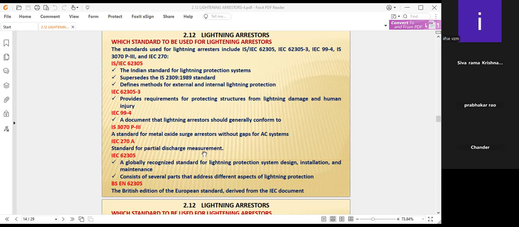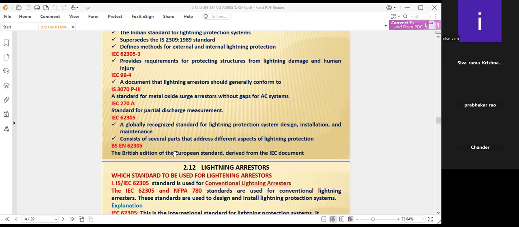IS 3070 Part 3 is the standard for metal oxide surge arresters without gaps for AC systems. IEC 270 is the standard for partial discharge measurement, whereas IEC 62305 is the globally recognized standard for lightning protection system design, installation, and maintenance.